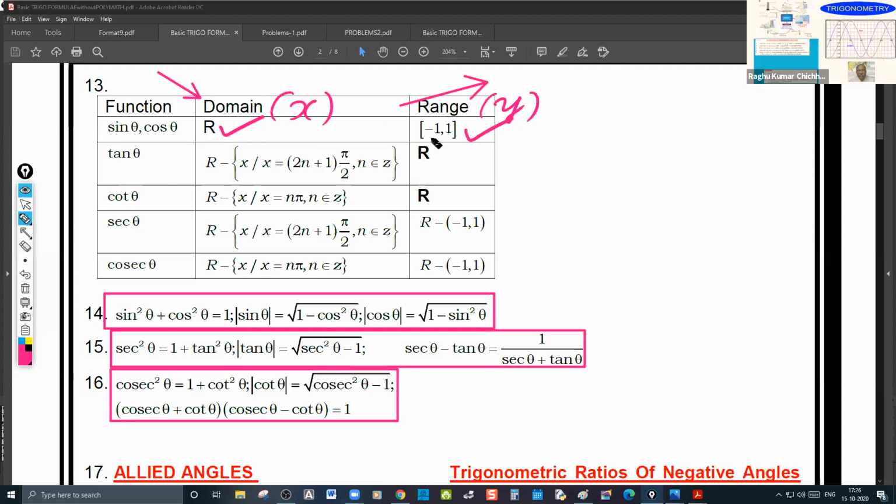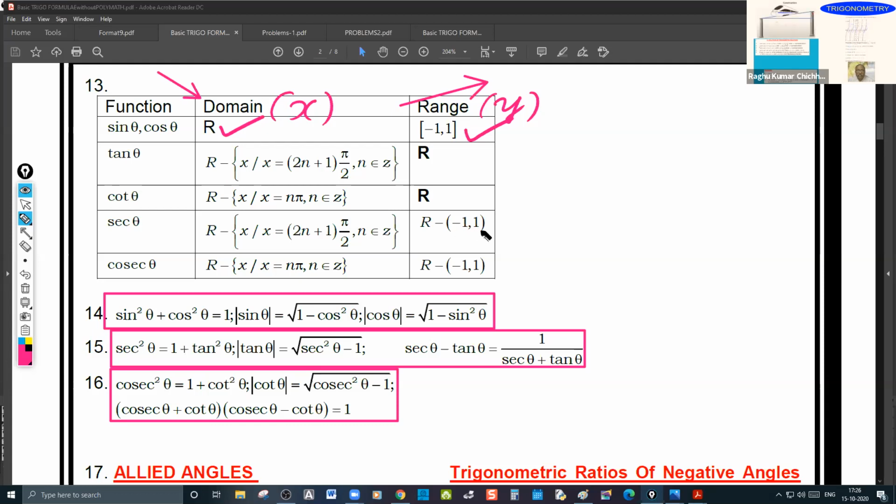What does it mean? Sine value should never be less than -1 and never be greater than 1. It always lies between -1 and +1, including -1 and +1. This is called a closed interval. Closed interval means it accepts the adjacent values. Open interval means it won't take the extreme values, but takes all the values in between.